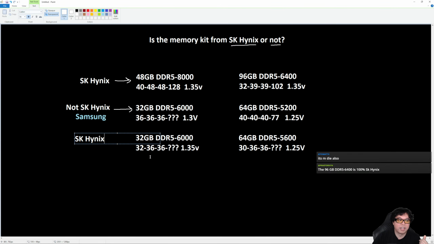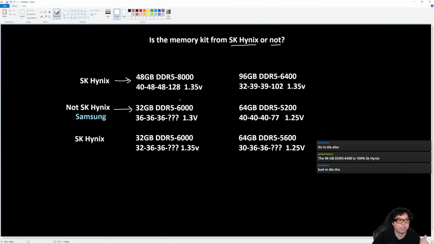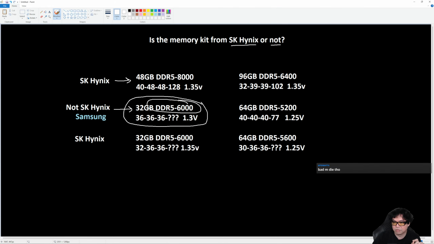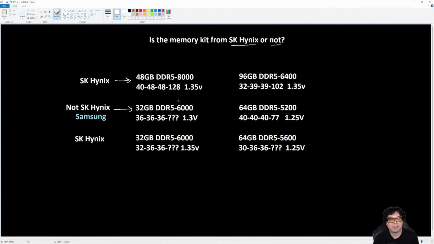A lot of this memory, this first earlier Flare X, was having trouble running reliably at the EXPO speed of 6000 because the Samsung memory ran really hot at 1.3 volts, causing instability. So they basically swapped. I had the whole conversation for like 45 minutes with a Micro Center employee talking about this, so I know all the details on this. So this is definitely SK Hynix.